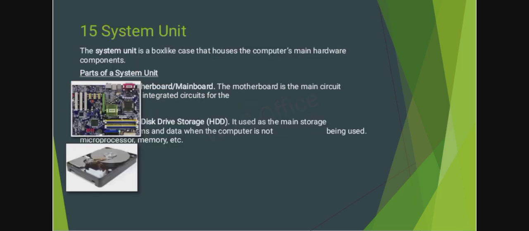The system unit is a box-like case that houses the computer's main hardware components. Here are the parts of the system unit. First, the motherboard or the main board.